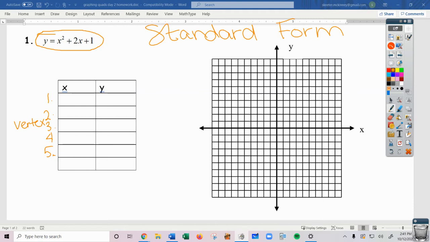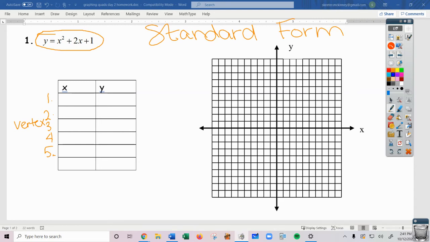And we know that to find the vertex, we need to use the formula negative b over 2a. And for the y, we need to plug it back in. So we want to do those exact same steps that we have been doing up until this point. So to find this vertex, our very first step is going to be to do negative b over 2a, which means we need to find a, b, and c.